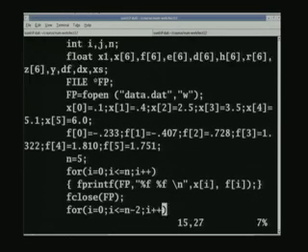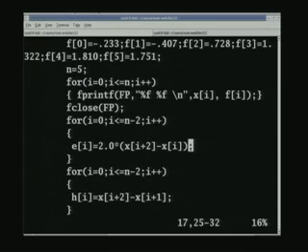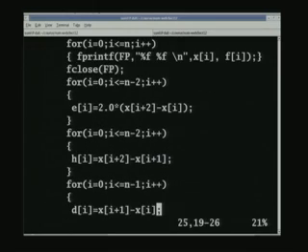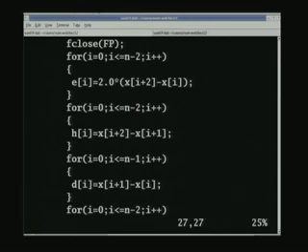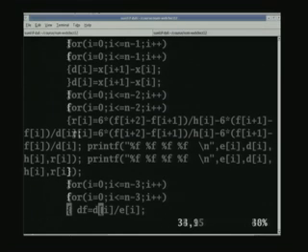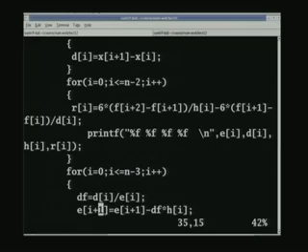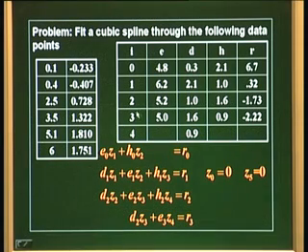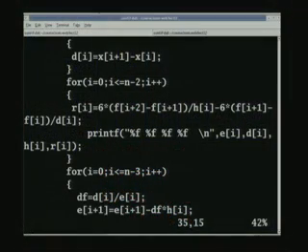Then I first constructed E, H, R, D. E is evaluated as x_{i+2} minus x_i times 2 for all the intervals, Hi as x_{i+2} minus x_{i+1}, and Di as x_{i+1} minus x_i, and then I computed Ri. So I have got all the known values from the data, and I made this table inside the program. It's very simple to construct.